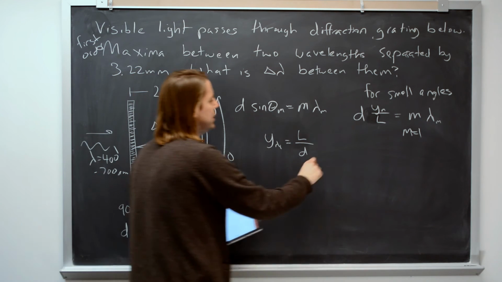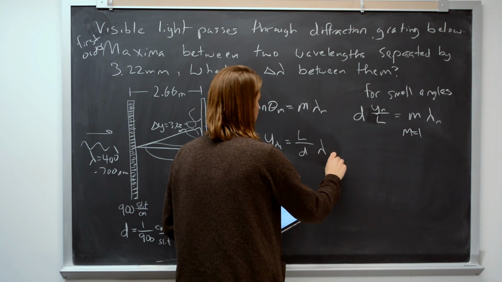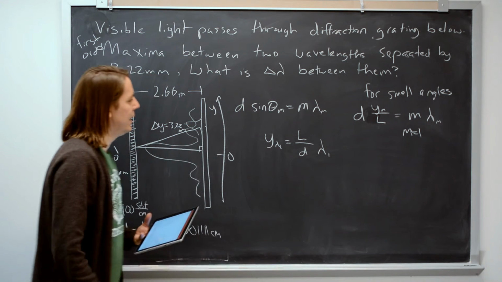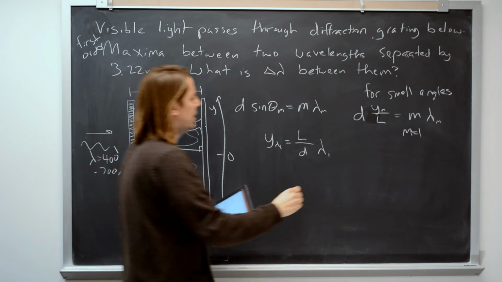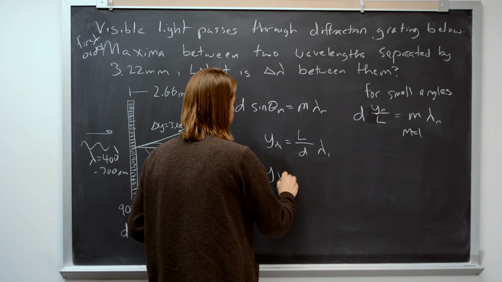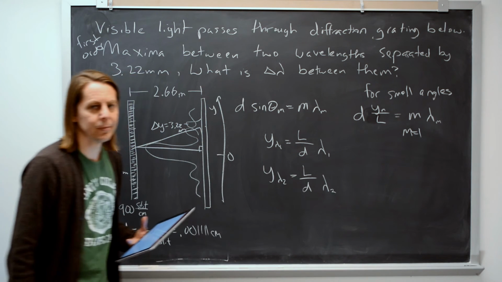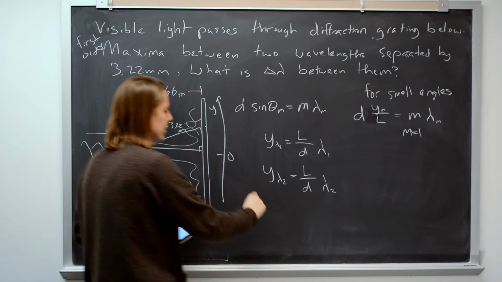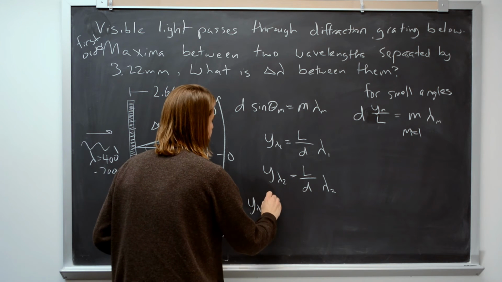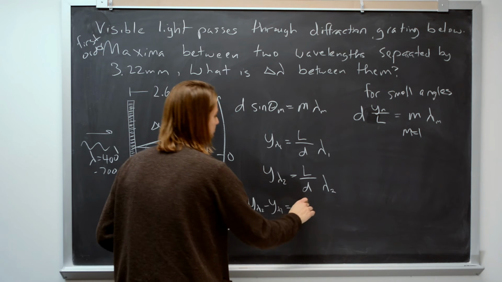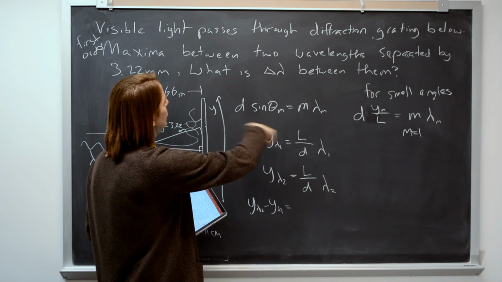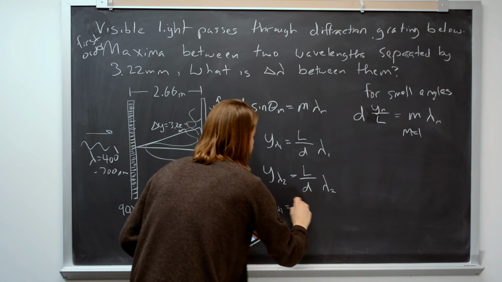So it's L over d lambda 1. And then the second one is at a height y lambda 2 equals L over d lambda 2. What we care about is the difference. So y lambda 2 minus y lambda 1 we know is equal to 3.22 millimeters.